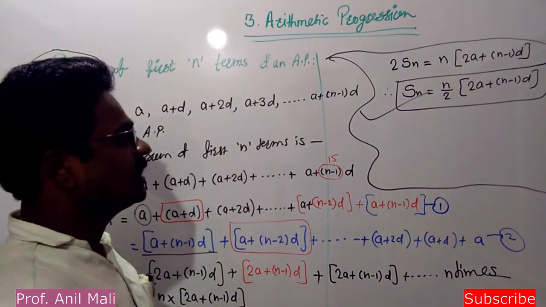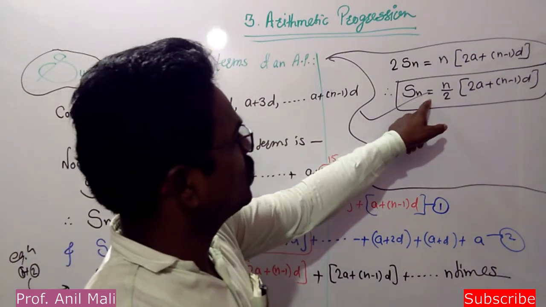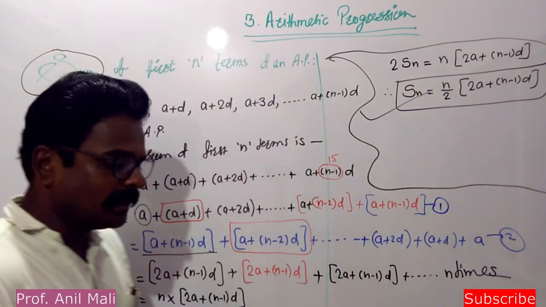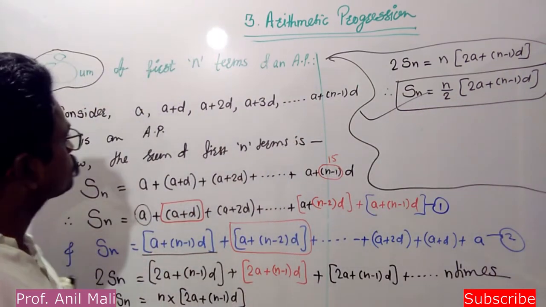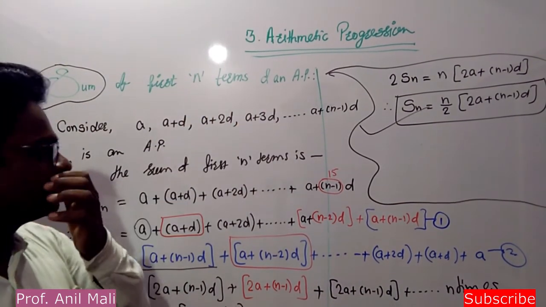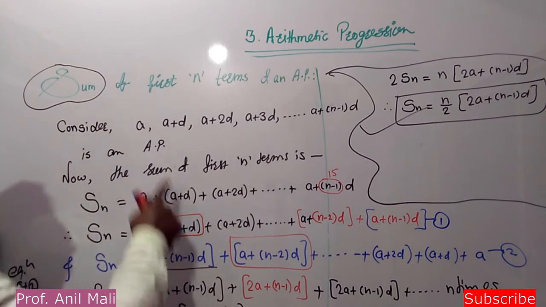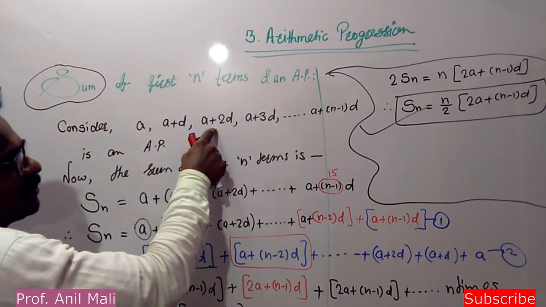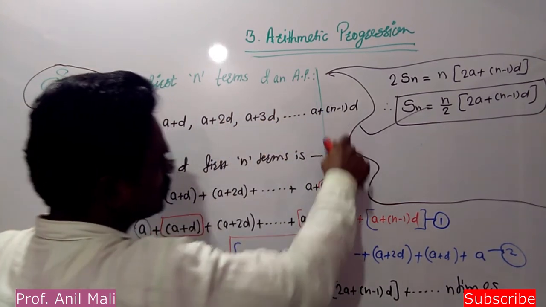Sum of first n terms, Sn is equal to n by 2 into the bracket 2a plus (n minus 1) into d. I'll explain once again. Sum of first n terms of an AP. No problem. We have considered a standard AP: a plus d, a plus 2d, a plus 3d, and so on, a plus (n minus 1) into d.